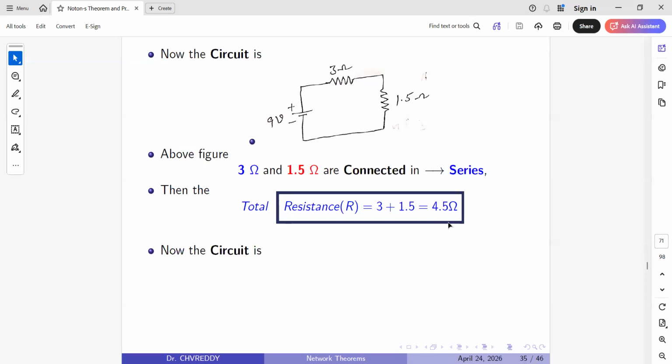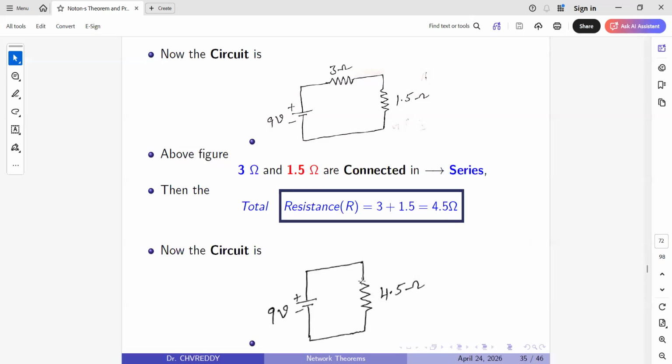Now the circuit is this one, 9 volts and 4.5 ohm. If we observe this circuit, we know the 9 volts as well as the resistance. Once we know the voltage and the resistance, from that we can find how much current is flowing here.